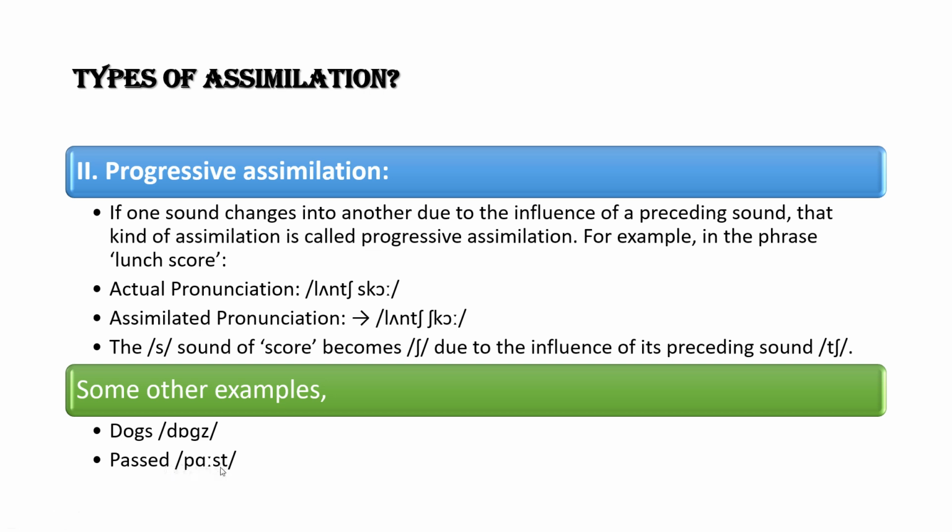So these are examples of progressive assimilation. From this discussion, what you need to understand is that progressive assimilation is that type of assimilation in which a sound changes into another sound because of the influence of the preceding sound.